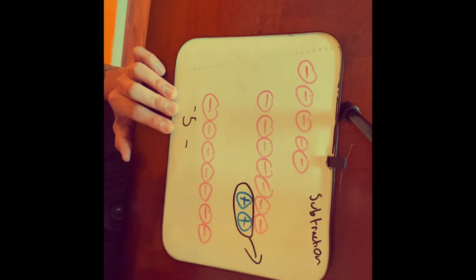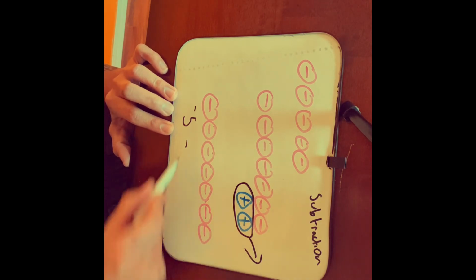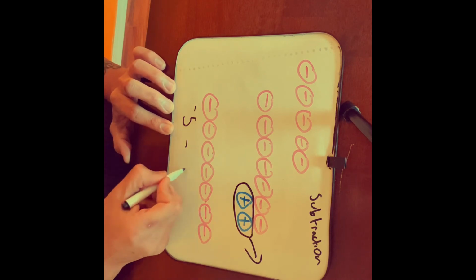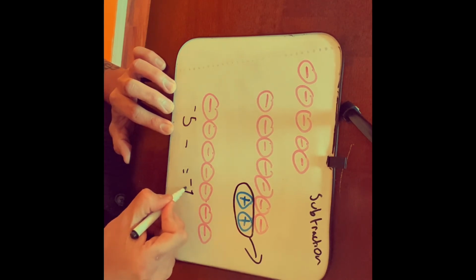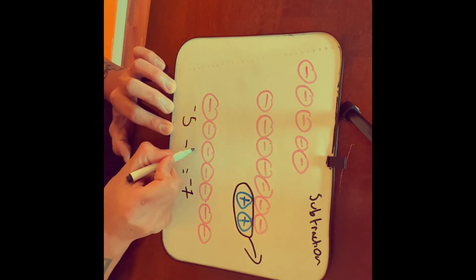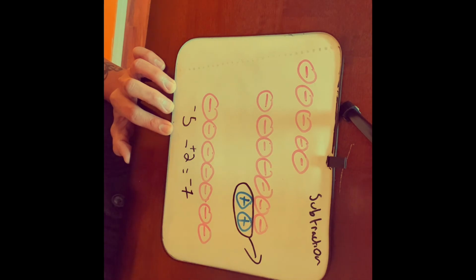But what did we take away? What left the group? Well, take a look at the third one. 1, 2, 3, 4, 5, 6, 7. We're left with -7. So what did we take away? We took away 2 positives. So that is our subtraction example.